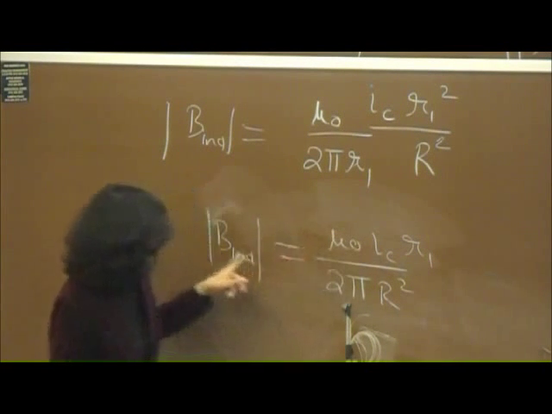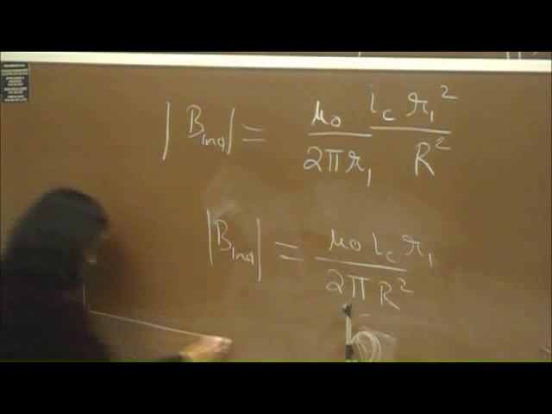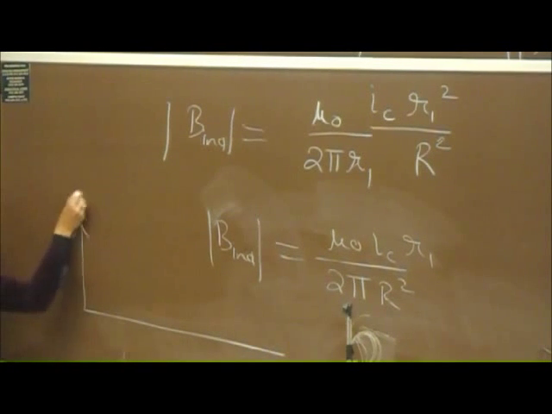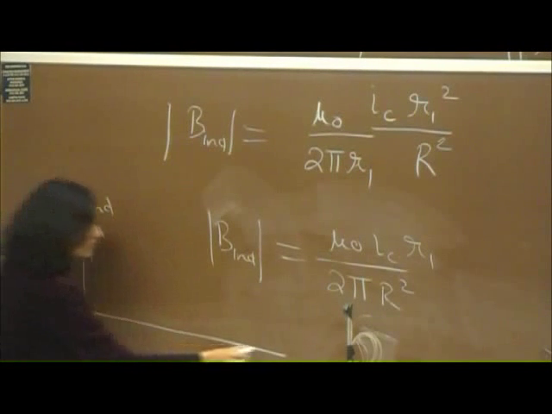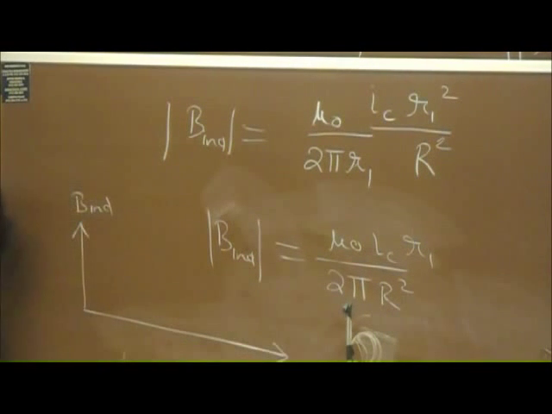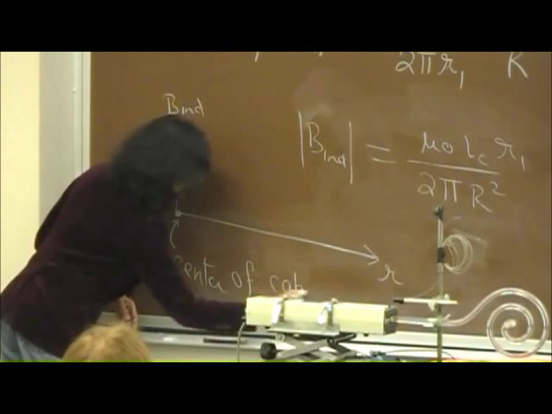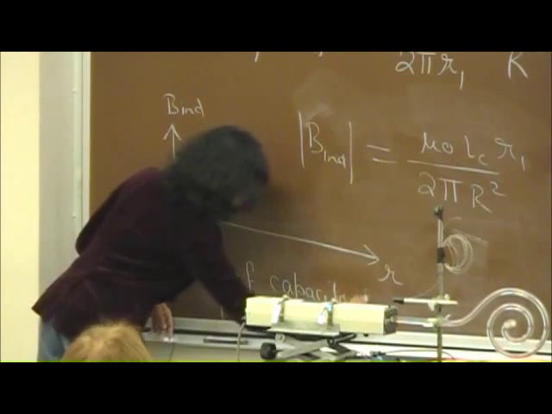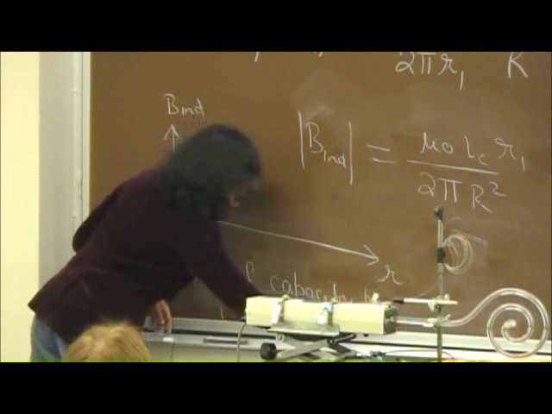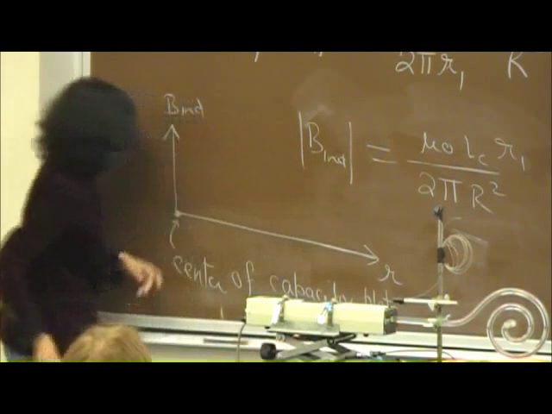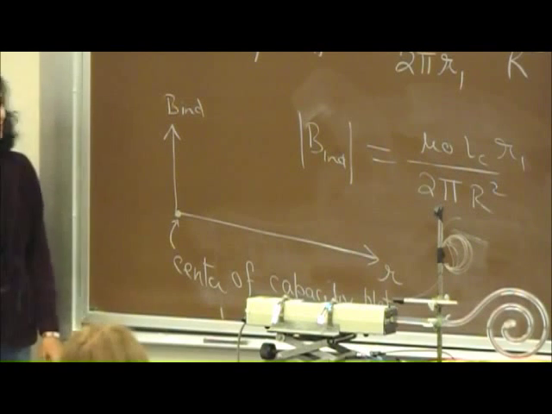Do you notice one thing? If I asked you instead to make a plot of B induced, how will you plot it? B induced as a function of R from the center of the capacitor plate. Tell me, B induced as a function of R, what will it look like?